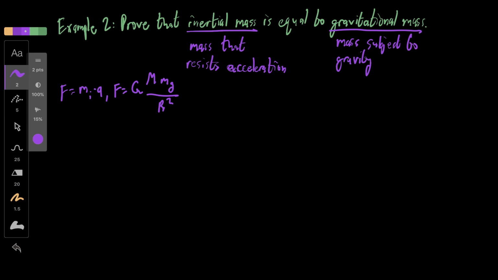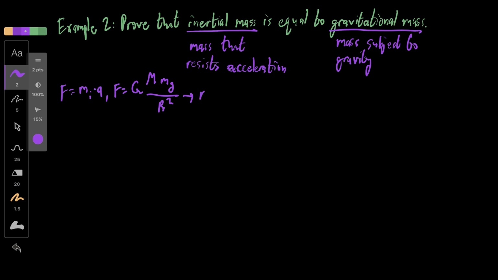Because this is the mass that exerts gravity on the other object, but that other object also exerts gravity on it.